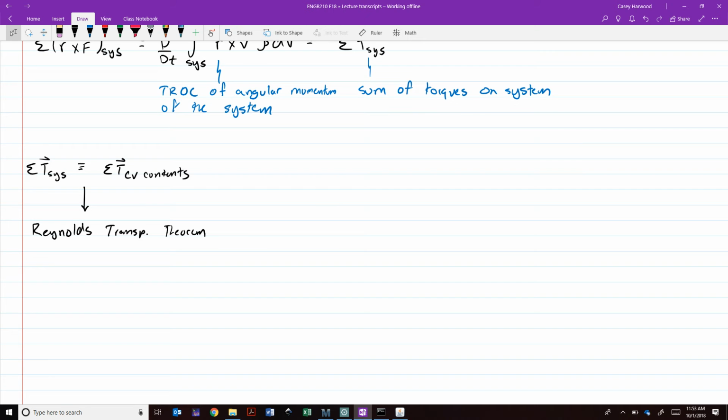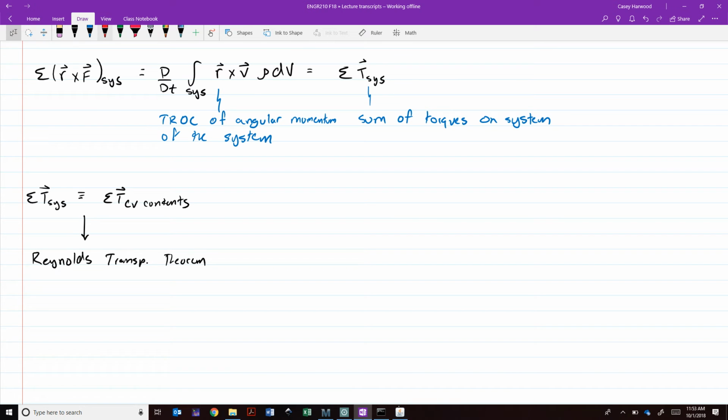So in order to apply the Reynolds transport theorem, basically what we're going to be doing is writing this rate of change of some quantity of a system in terms of control volumes and control surfaces. We need to pick, once again, our little b, our intensive properties, and our big B, our extensive properties.